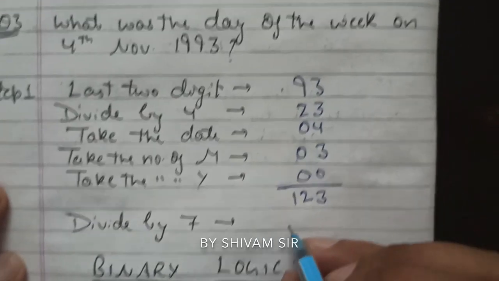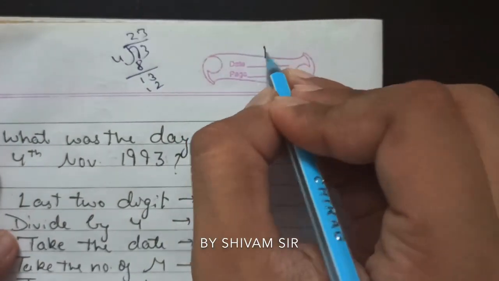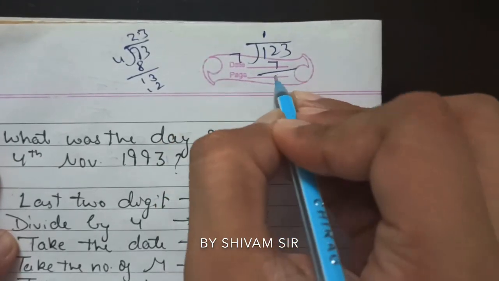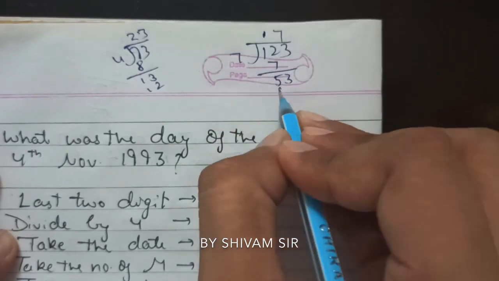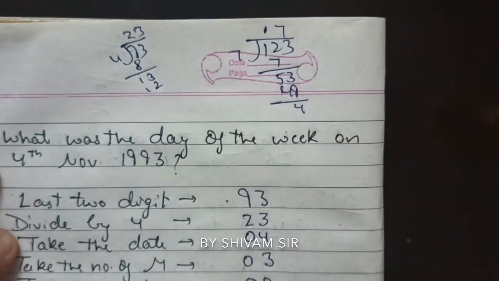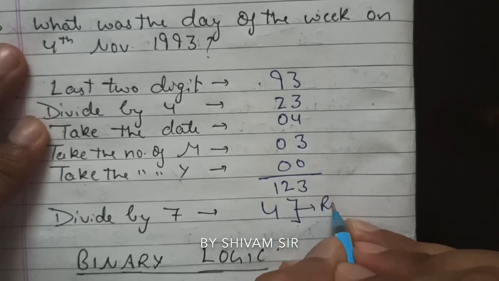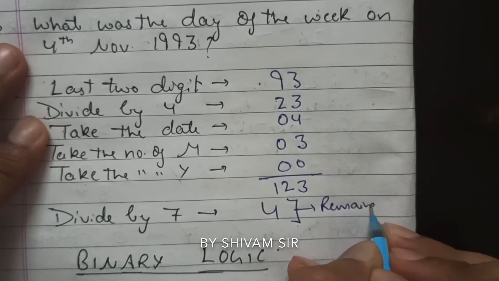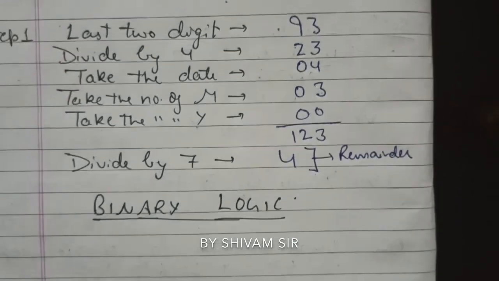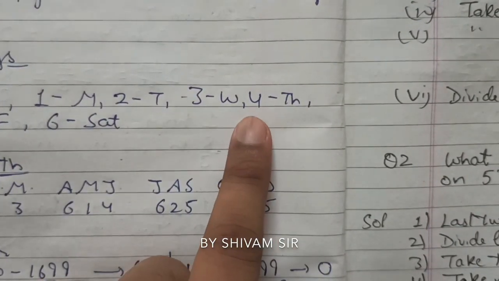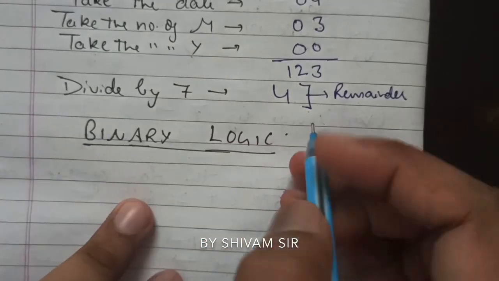Let's divide 123 by 7 and get the remainder. 7 times 1 is 7, 53, 7 times 7 is 49, 4. So the remainder is 4. So 4 is the code of which day? We have written here 4 is the code of Thursday. So our answer will be Thursday.